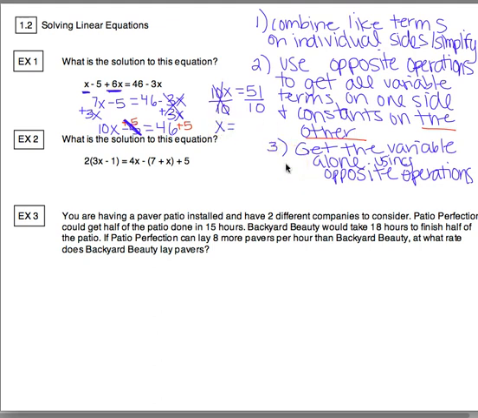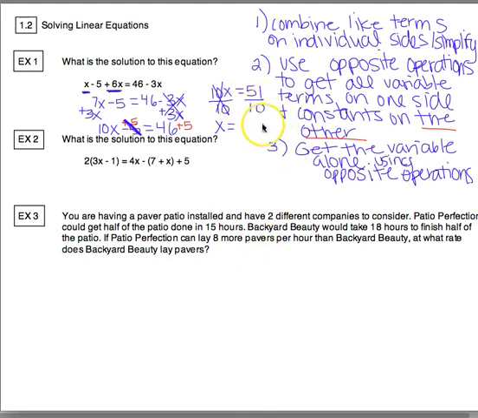Now, I picked ones like this on purpose because I want you to realize that not everything is going to come out to a whole number answer, and that's okay. Generally, in Algebra 2, we do not use decimals unless it's a real life situation, unless they specifically tell you to use a decimal, or unless there's a decimal in the original problem. This doesn't fit any of these, so most likely your correct answer on the quiz is going to be in fraction form.